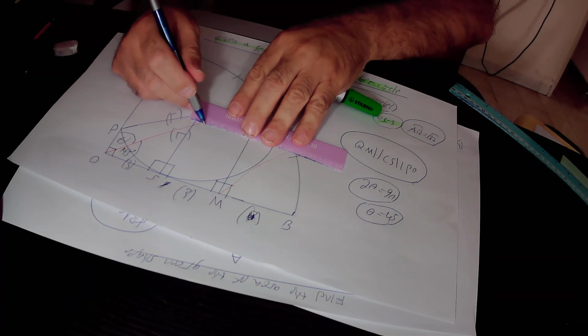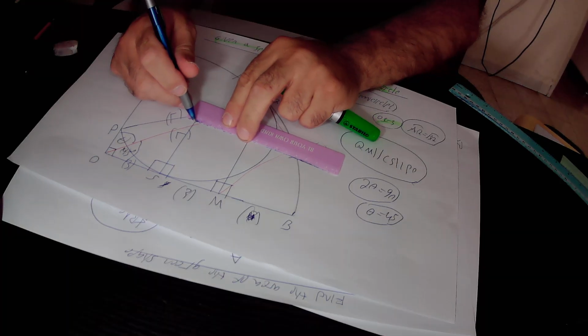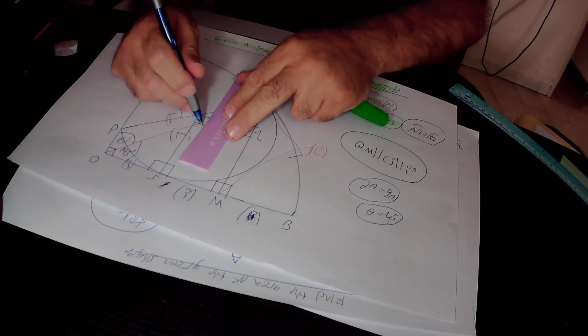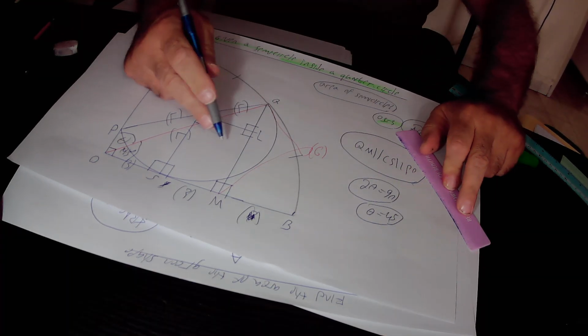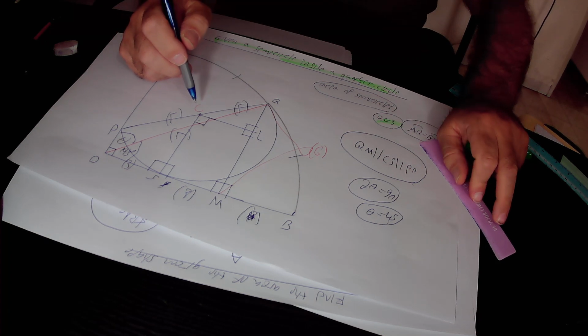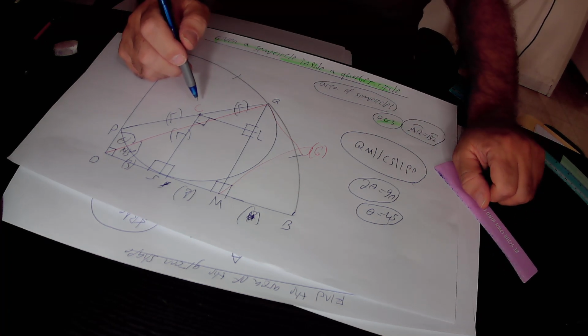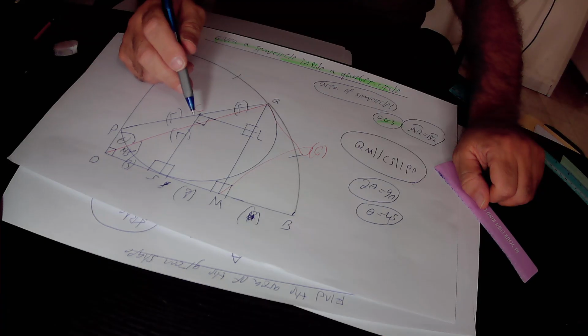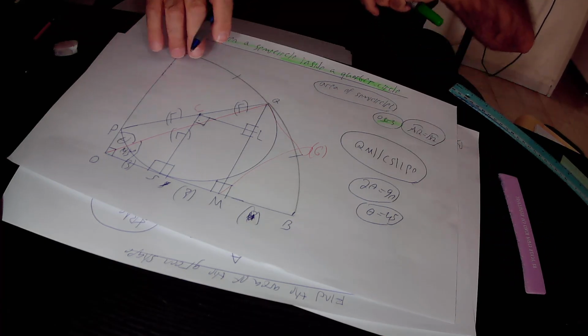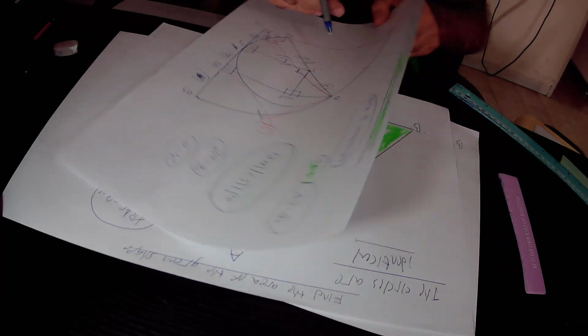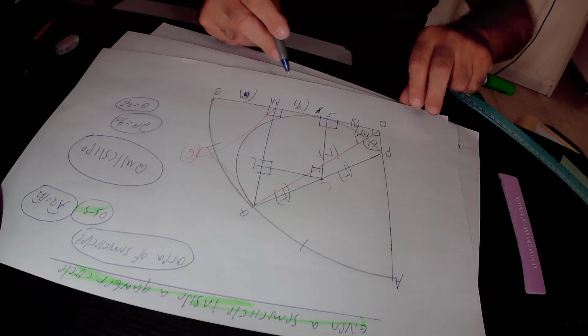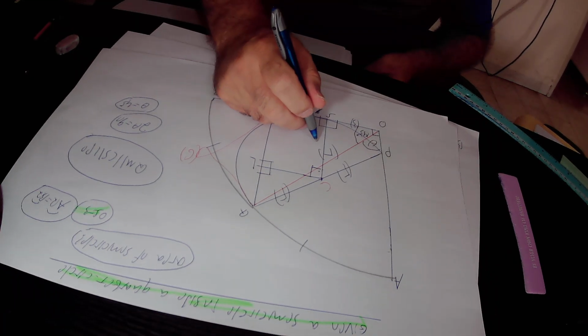So in quadrilateral CLMS we have 4 right angles, and therefore quadrilateral CLMS is a rectangle according to rule 5. Write it down: quadrilateral CLMS is a rectangle because it has 4 right angles.